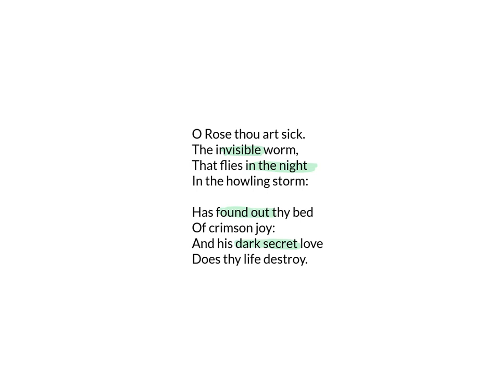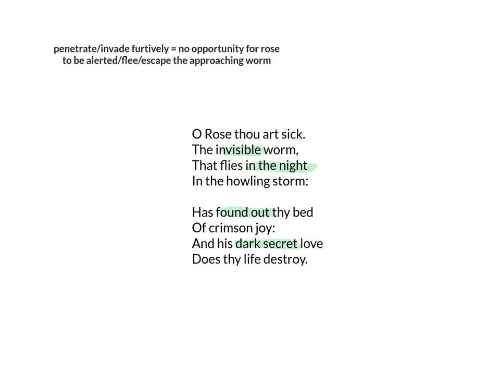So what that shows for me is that the invisible worm wants to arrive and penetrate and invade the rose in secret. It does not want to announce its arrival. So that for me is showing that idea, that malice and that bitterness, that they're going to creep in under cover of darkness, and it's going to be quiet.